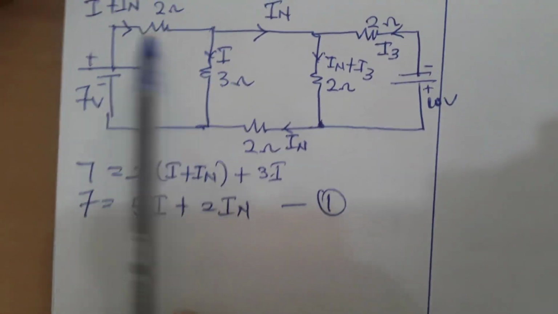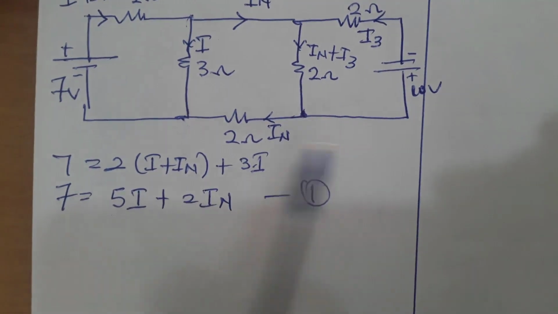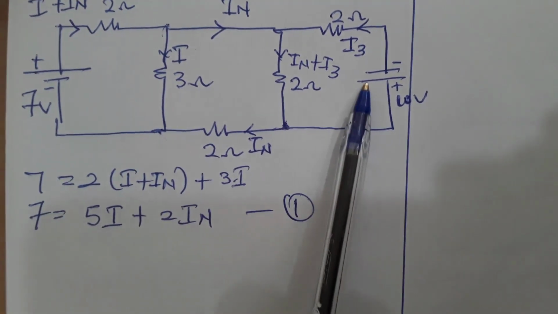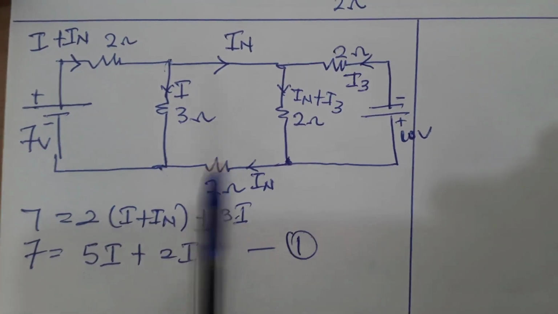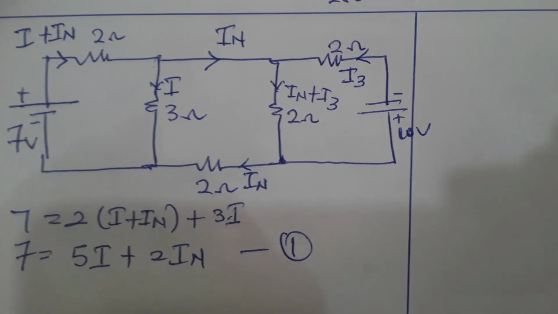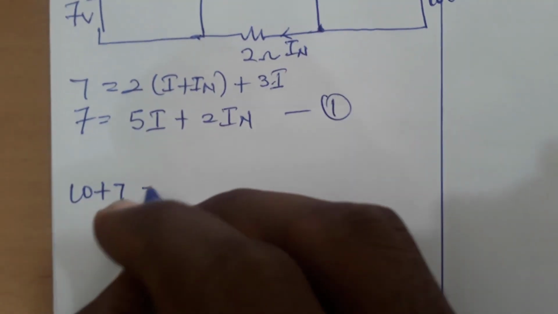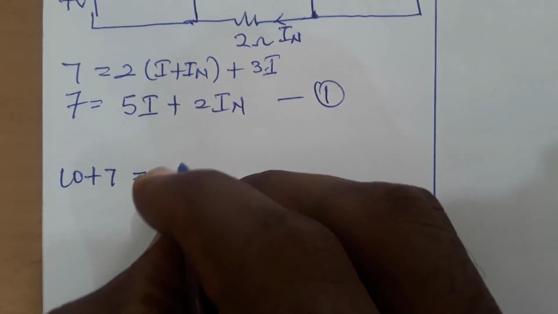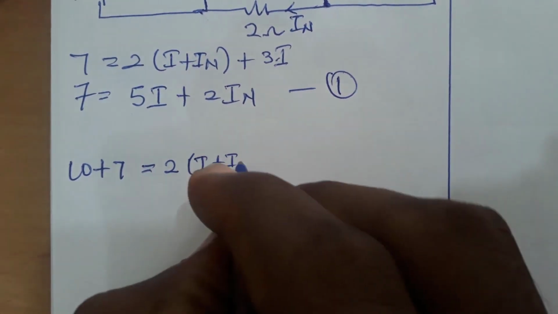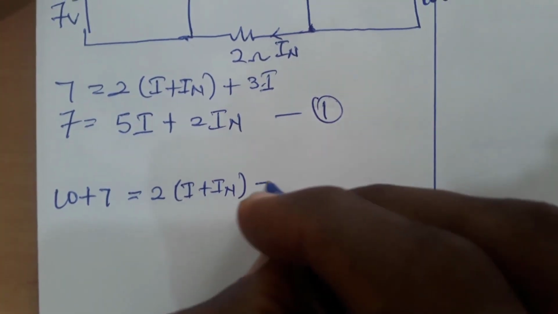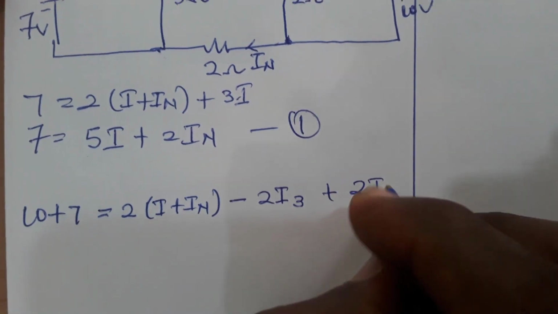I can also pick this bigger loop and write an equation. I will group the voltage sources, that is 10 and 7, and equate them to the voltage drops. So it will be 10 plus 7 equals 2 multiplying I plus IN, minus 2I3 plus 2IN.